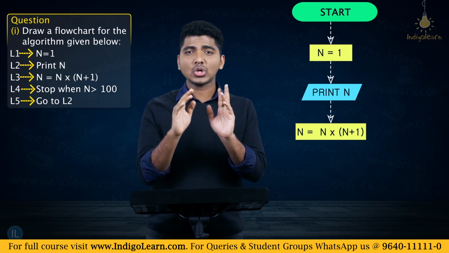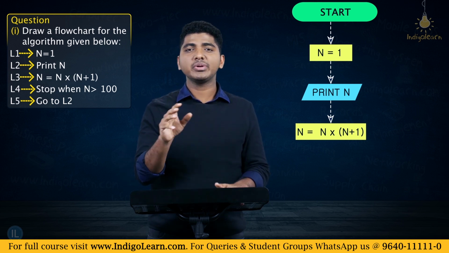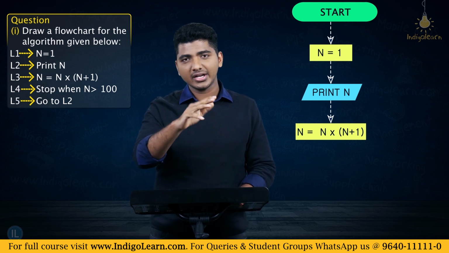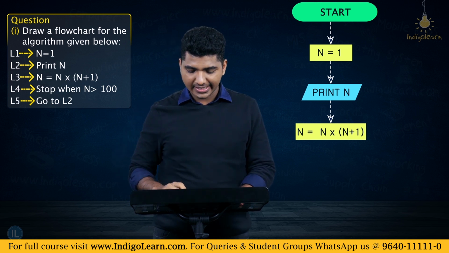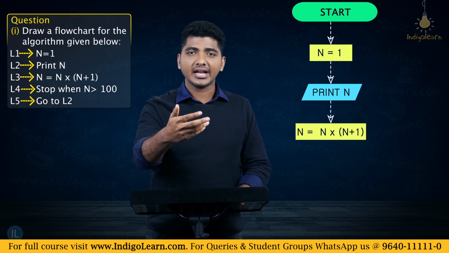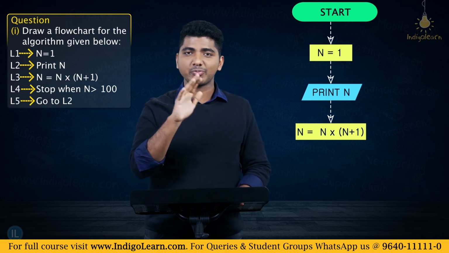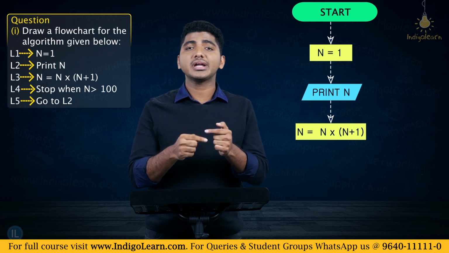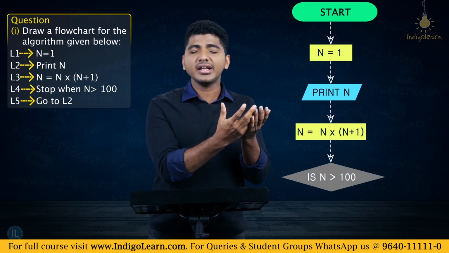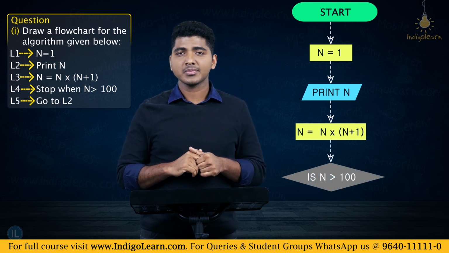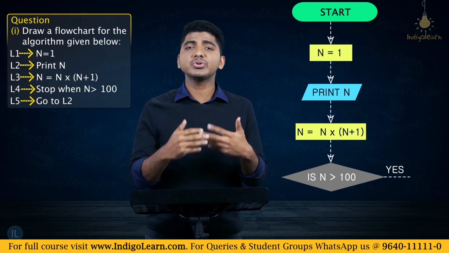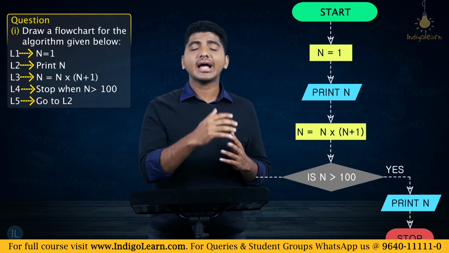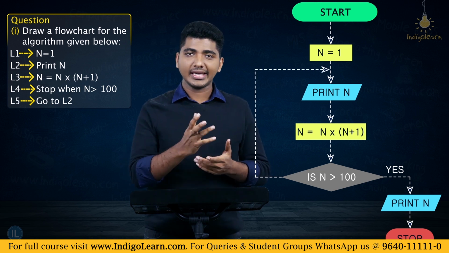Next they are asking to stop when you reach 100, when n exceeds 100, when n is greater than 100. Now this is where you have to make a decision whether n is greater than 100 or lesser than 100. If it is greater than 100, you stop. If it is not greater than 100, you have to go back and perform your calculation again.